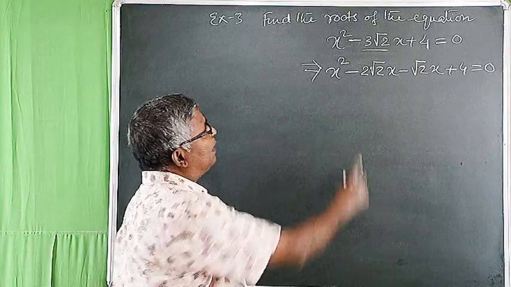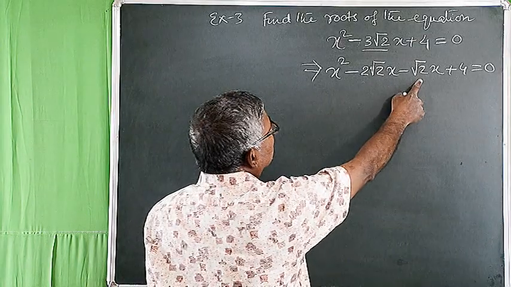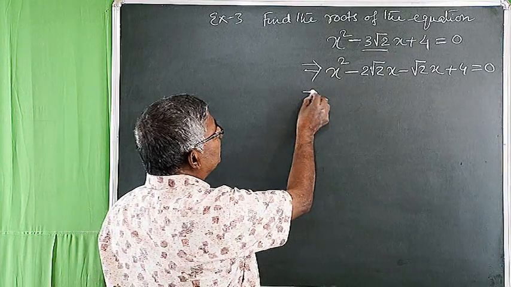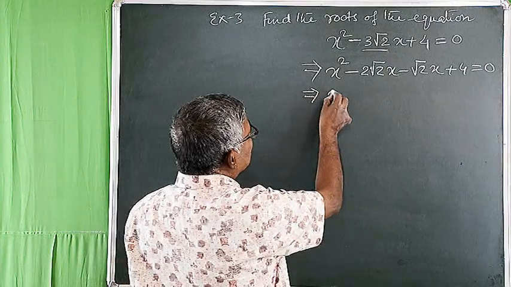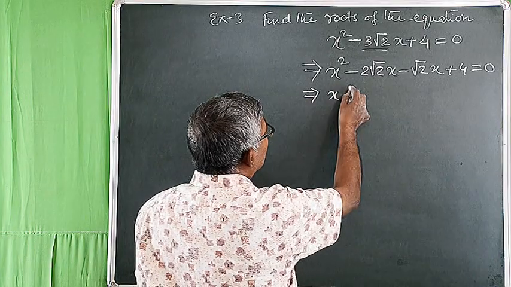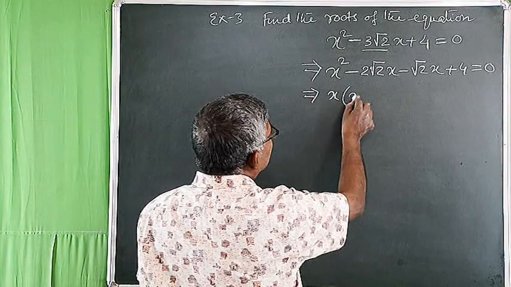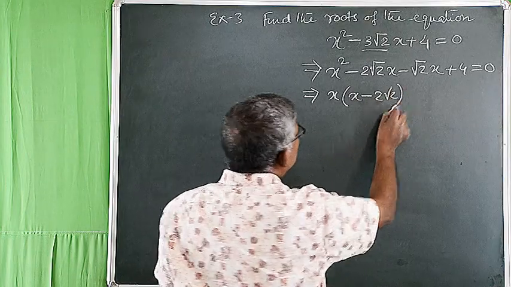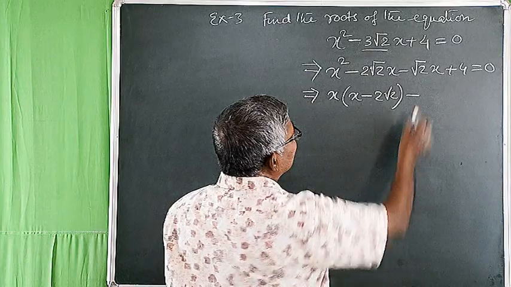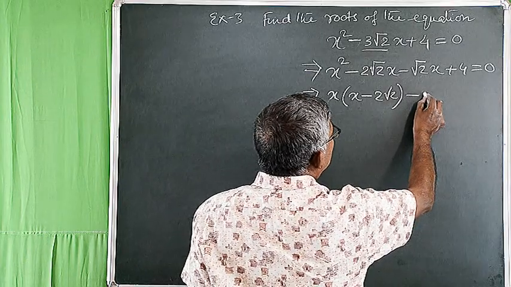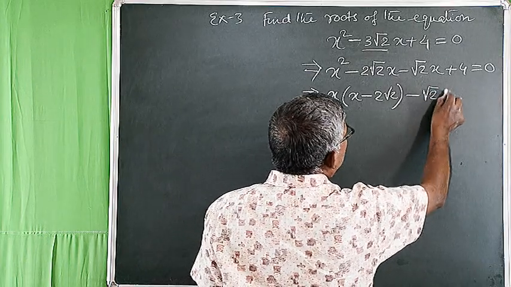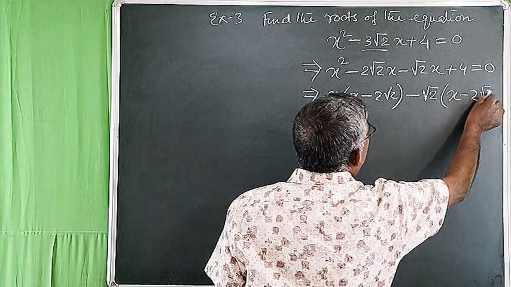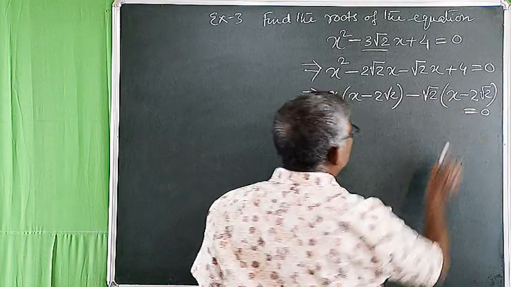Students, here see minus 2 root 2 minus root 2 equal to minus 3 root 2. So we can write, we are taking x as common. So this implies that x into x minus 2 root 2 minus, we are taking root 2 common, so we can write root 2 into x minus 2 root 2 equal to 0.